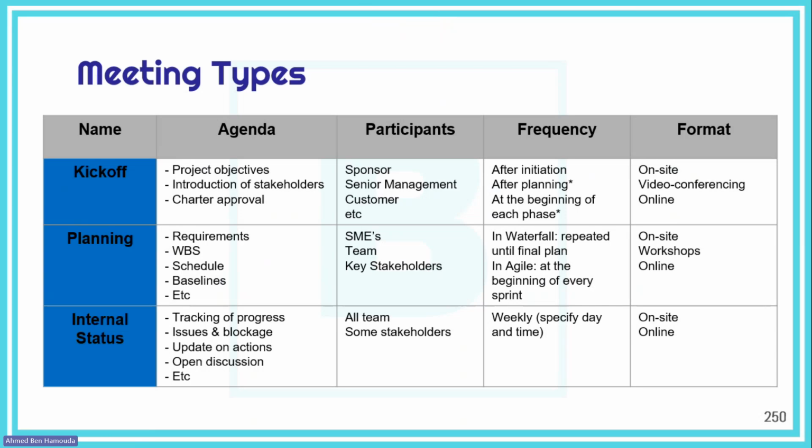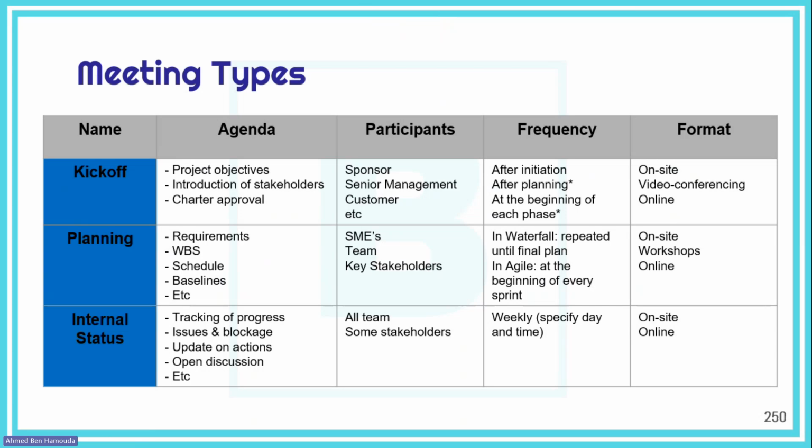So now, as a project manager, you really need to build your communications plan. You need to make sure that from the beginning of the project, you specify which meetings you are going to have in your project, what the agenda is for each meeting, who should attend each meeting, the frequency of those meetings, and also the format. Okay, that's the bare minimum of information you need to provide in your communications plan.